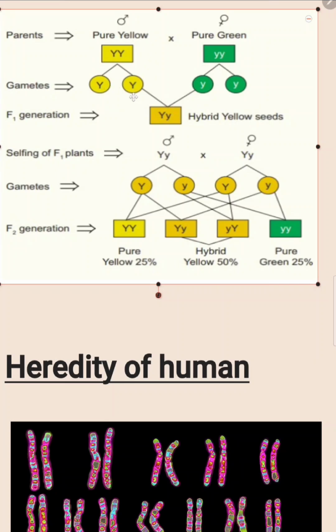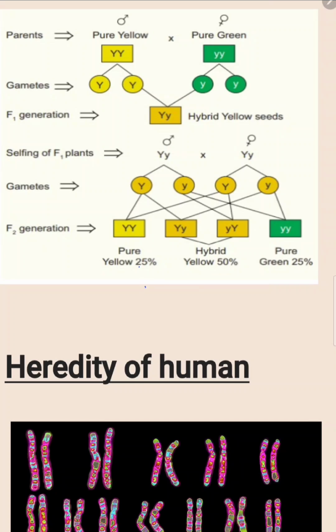The gametes will receive capital Y and simple Y. After fusing them, F1 gets capital Y and simple Y. When doing pollination between the F1 generation, you will finally get capital Y, capital Y; capital Y, simple Y; capital Y, simple Y; and simple Y, simple Y plants. The ratio between pure yellow and pure green is 3:1.